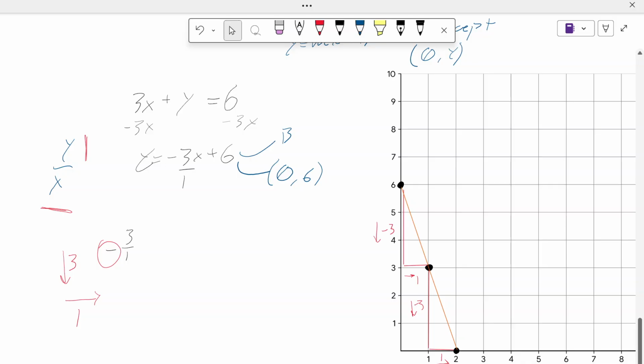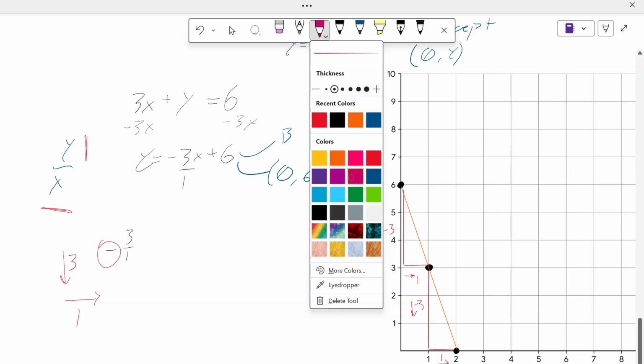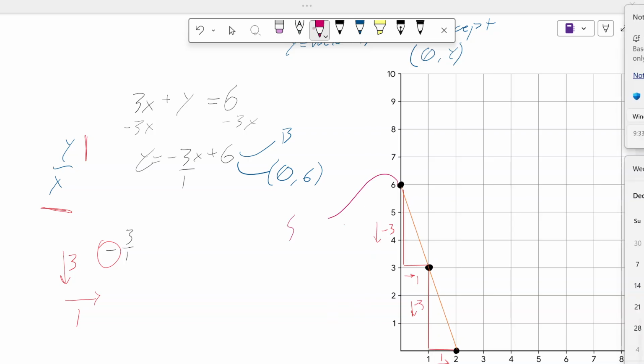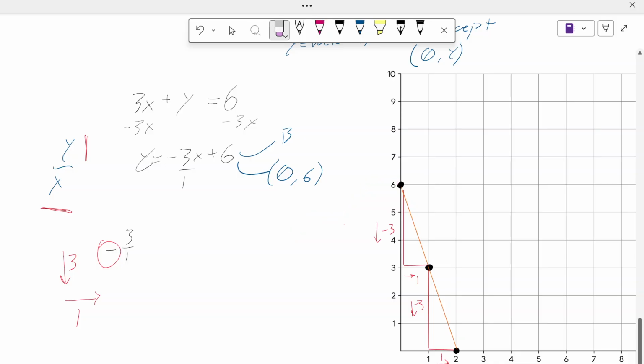So let me go to a different color. This dot was the start. And then we ended here. And then we have our midpoint.